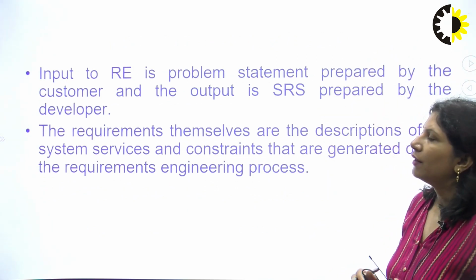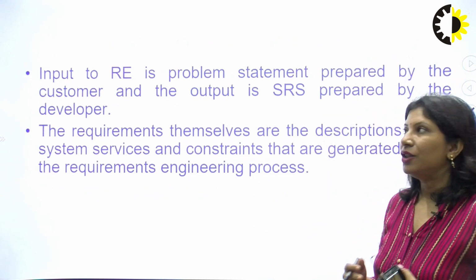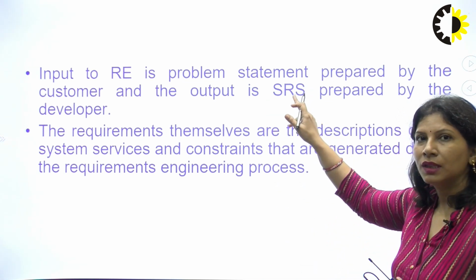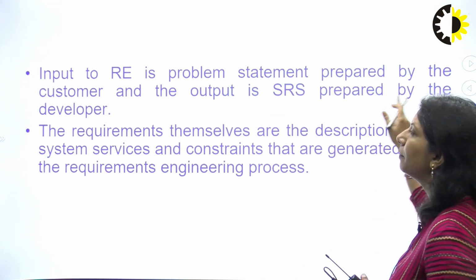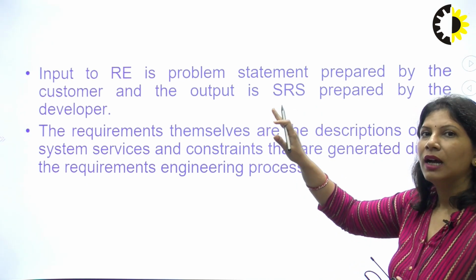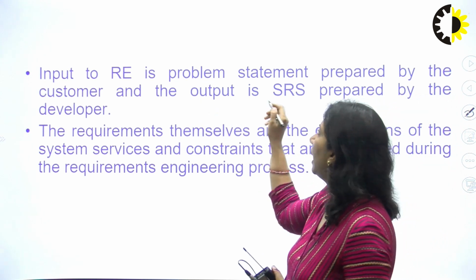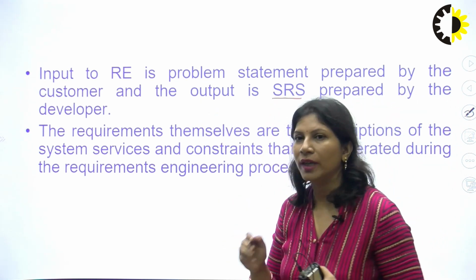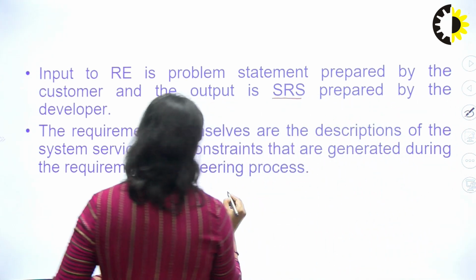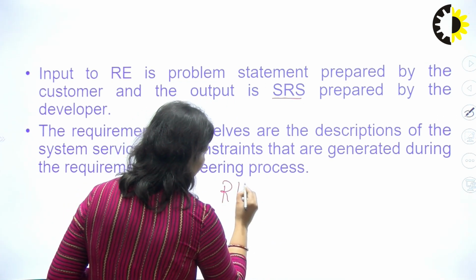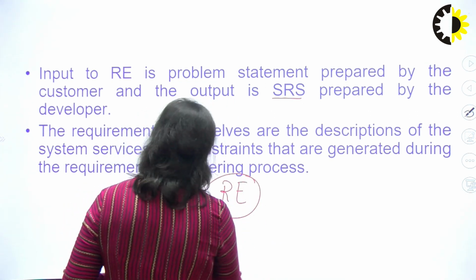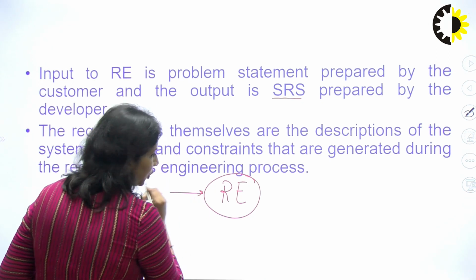The input we give to requirement engineering is the problem statement, prepared by the customer, and the output will be your SRS. So, if I am doing requirement engineering, say this is my requirement engineering process, what input does it need?